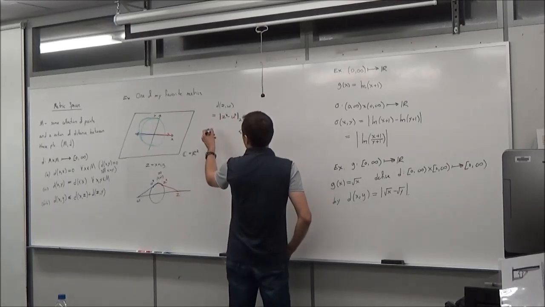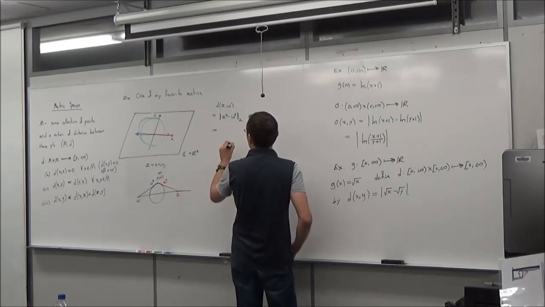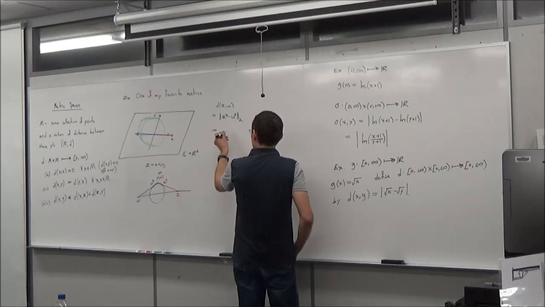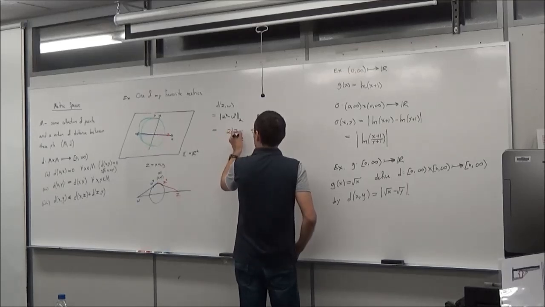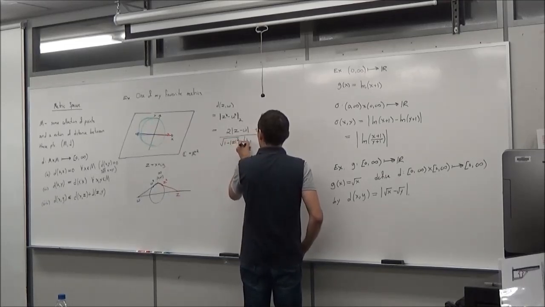When you translate everything together, this distance, called the chordal distance, is going to be twice the Euclidean distance from Z to W divided by root 1 minus the absolute value of Z squared, root 1 minus the absolute value of W squared.